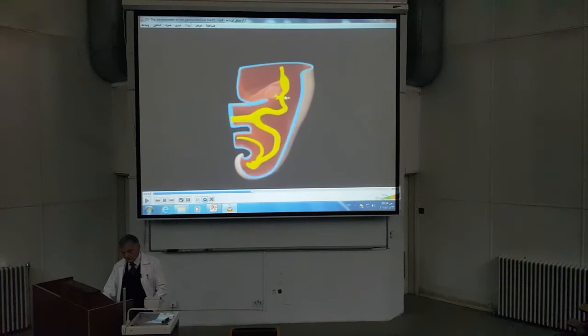Now, the midgut, which is just beyond the duodenal papilla, is going to be elongated.